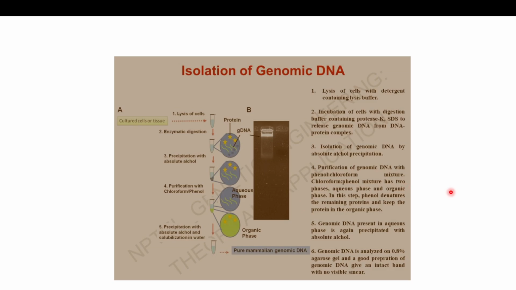For genomic DNA, we take the absorbance reading at 260 nanometers wavelength. At 260 nanometers, nucleic acid absorption takes place, and at 280 nanometers, proteins, basically aromatic amino acids, show their absorbance. And at 230 nanometers, other organic solutes or polysaccharides give the reading.